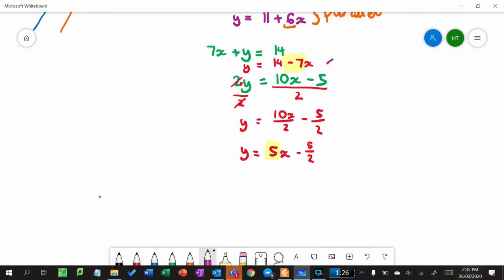This line and this line are not parallel. So the easiest way to determine if a line or a pair of lines or more are parallel is to rearrange it to make y the subject and then look at the gradient for each one.